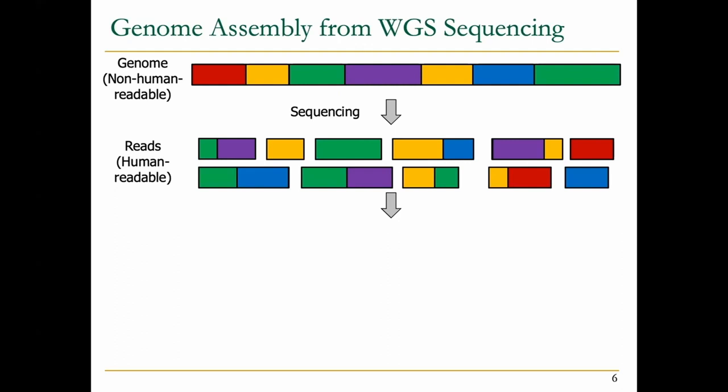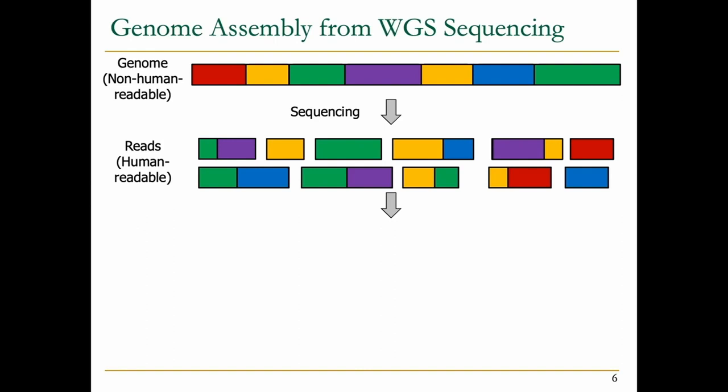And we know that our genome, let's say our human genome itself, is in a non-human readable form, right? We just take your cell, and out of it we take the DNA, but it's not in a human readable form. We cannot easily do analysis on it.